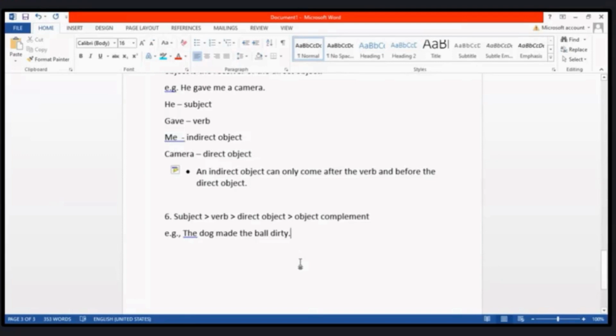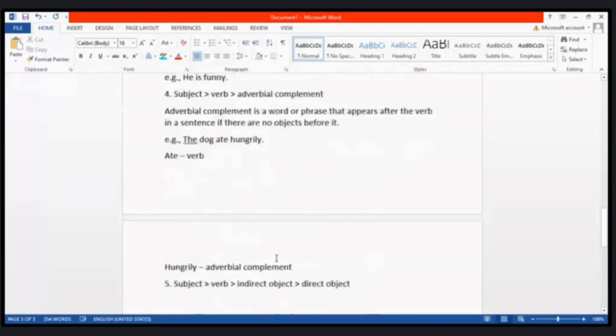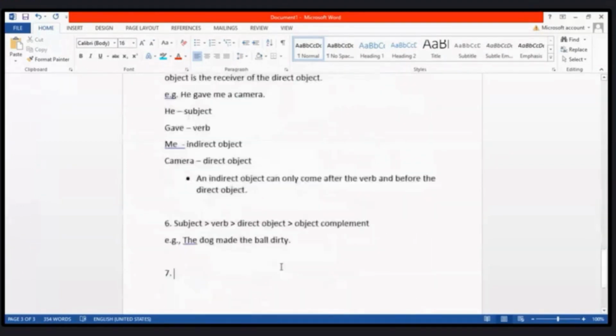Now moving on to the last type of syntactic pattern in a sentence, and this is the structure for the last type. Okay, number 7. Now in this case, we've got subject, verb, direct object and adverbial complement.